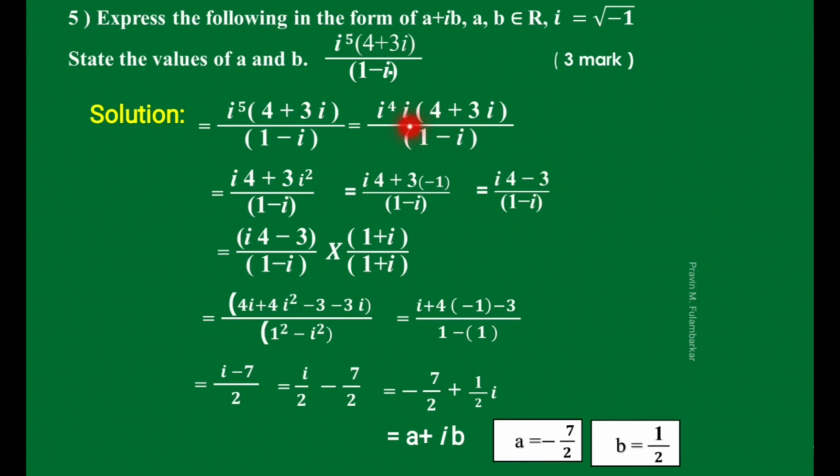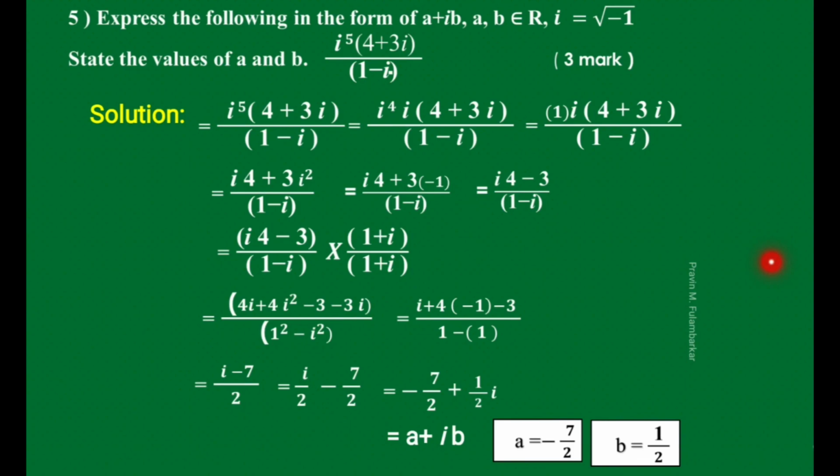So we write this i raised to the power 5 as i raised to the power 4 into i. Then i raised to the power 4 is 1, so we write 1 into i. So in this way we solve question number 5.